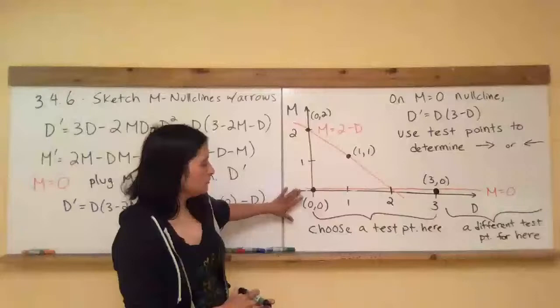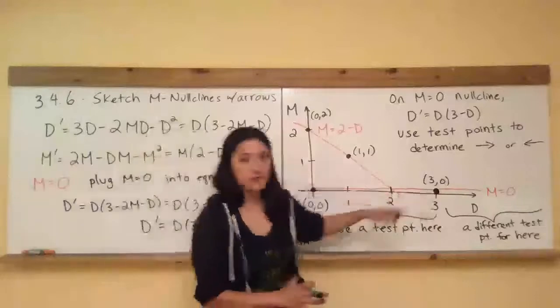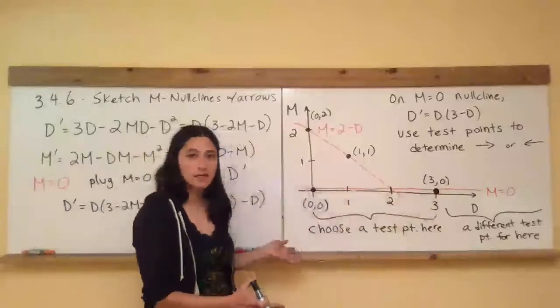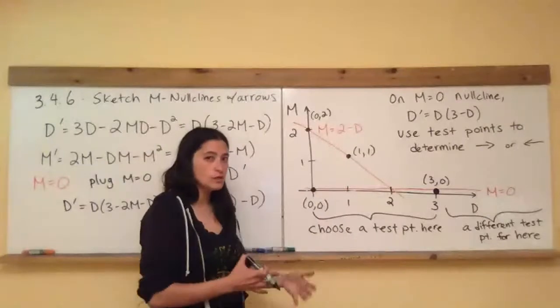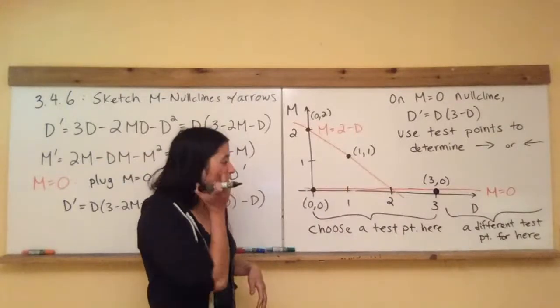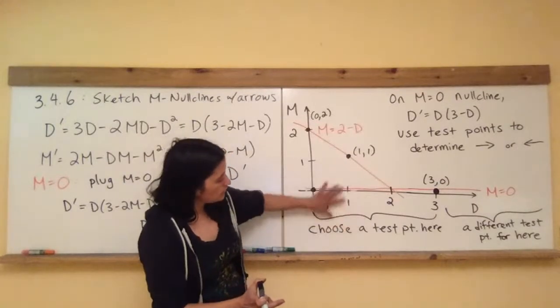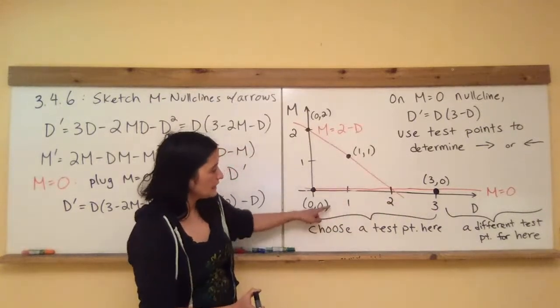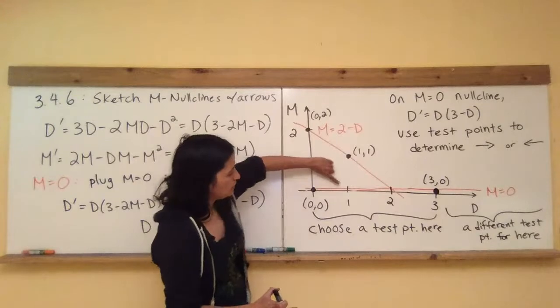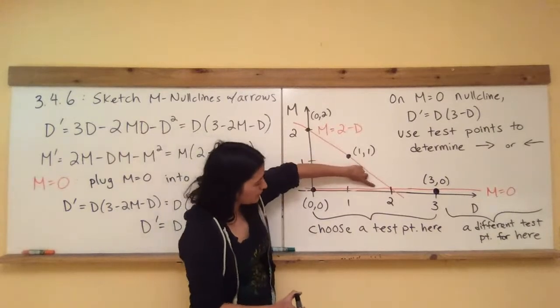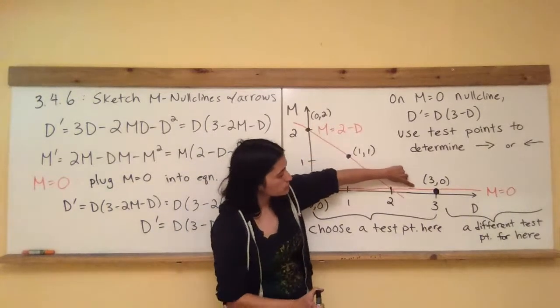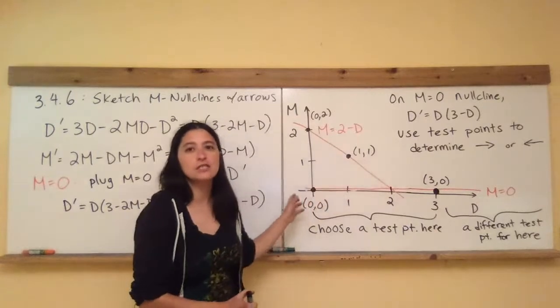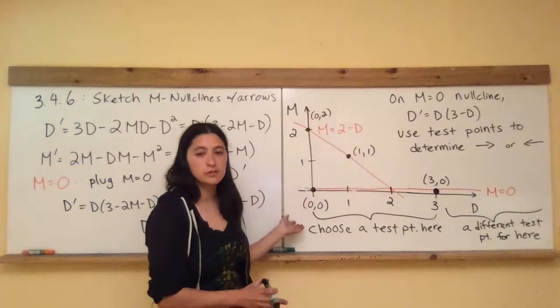The equilibrium points that are located here and here are breaking up the behavior of the vector field into two qualitatively different regions. There's going to be one region here between 0 and 3. If I choose any test point, whether I choose this point or that point or that point, it doesn't matter. I could pick any one of these test points, and they're all going to share the same sign for D prime.